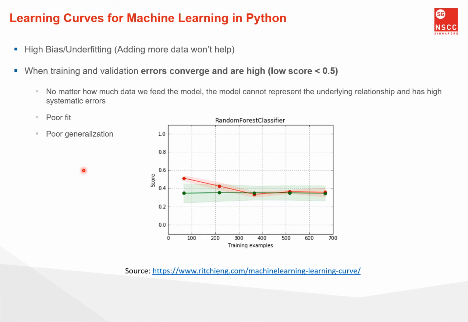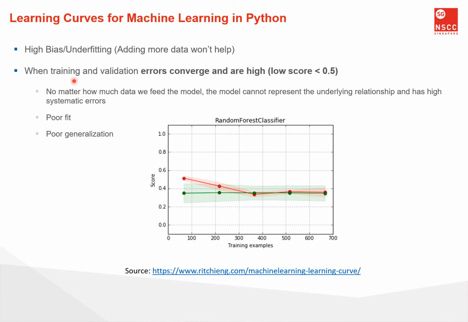So you can see that in this case, the performance started off very poor. The training set example, the red one, is quite poor, and so is the validation set. And although they converge, they still remain at a very low level. Adding more data doesn't make it go up, right? The performance is always below 50%, even as you add in more data.